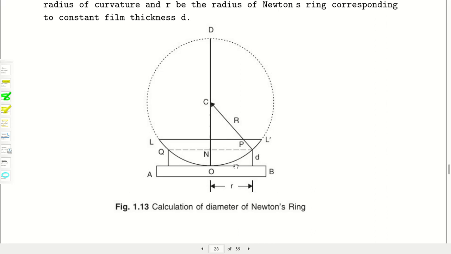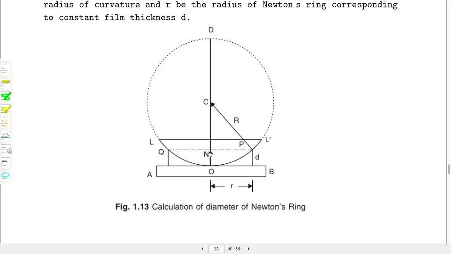For this, let us consider this triangle COP. This is not actually a triangle, but we can assume that because alpha is very small, so the arc length OP can be treated as a straight line.